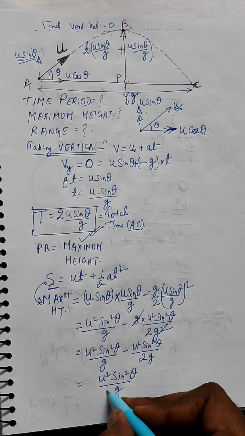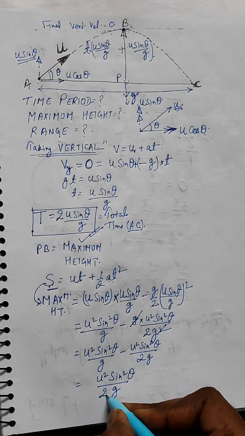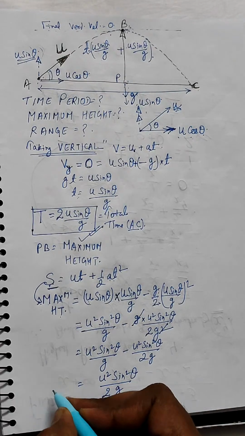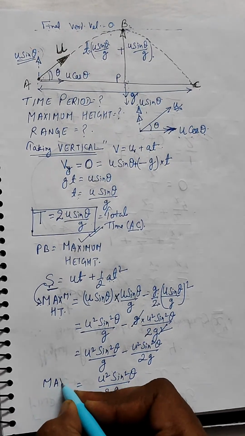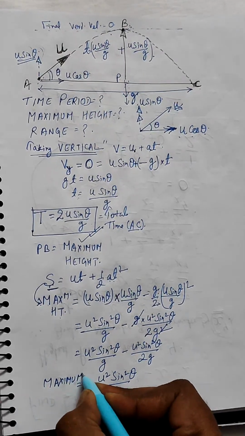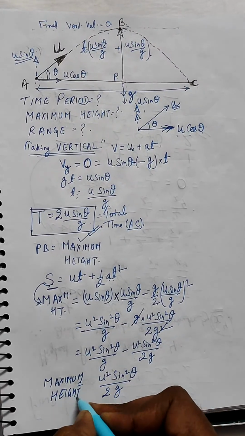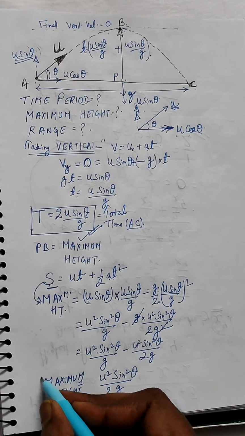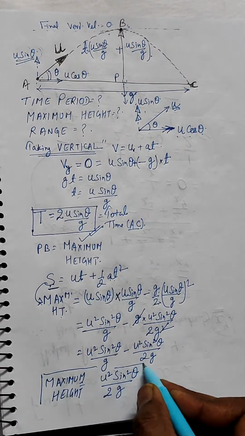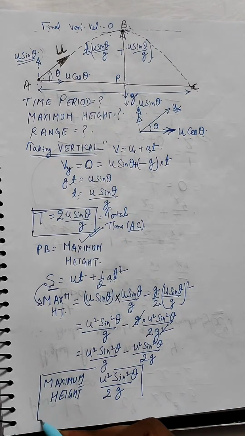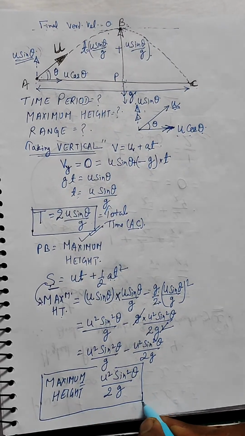So u² sin² theta by 2g. So this is the maximum height attained by the projectile. The maximum height attained by the projectile is u² sin² theta by 2g.